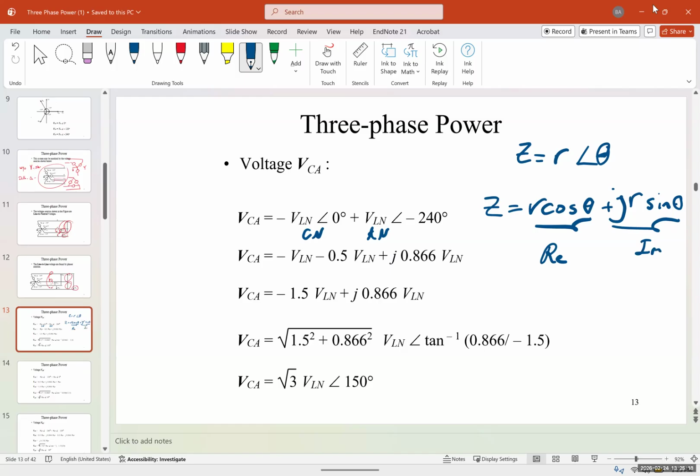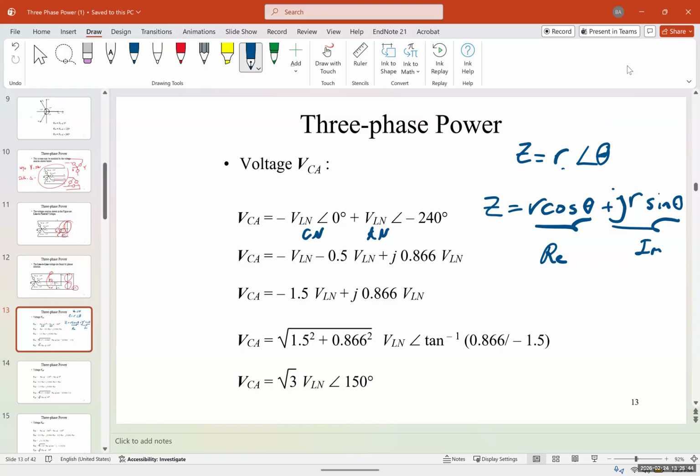Now, if I want to convert Z, the phasor, to the rectangular form, I would simply just replace it in the second equation. So, for example, here, if this is VAN with a degree of 10 degree, it's going to be VAN cosine of 10 degree.